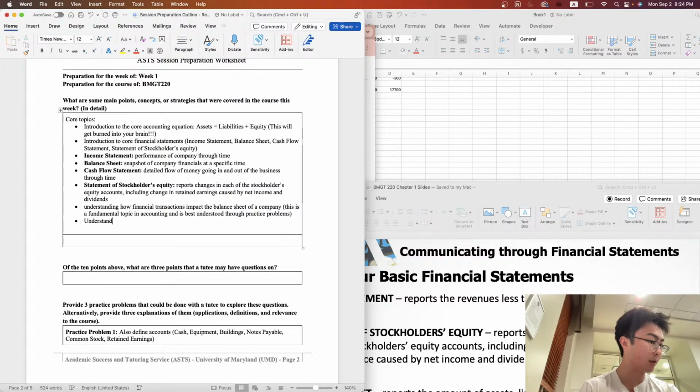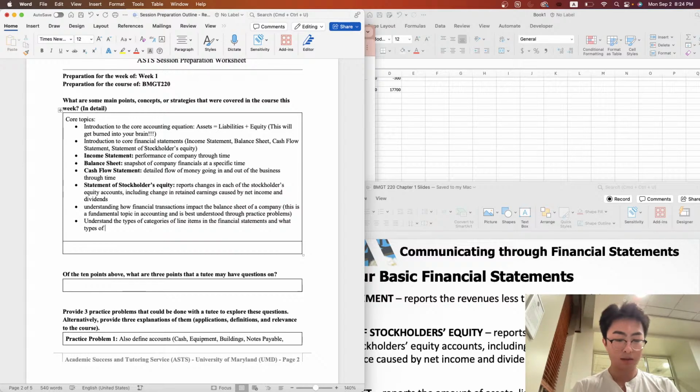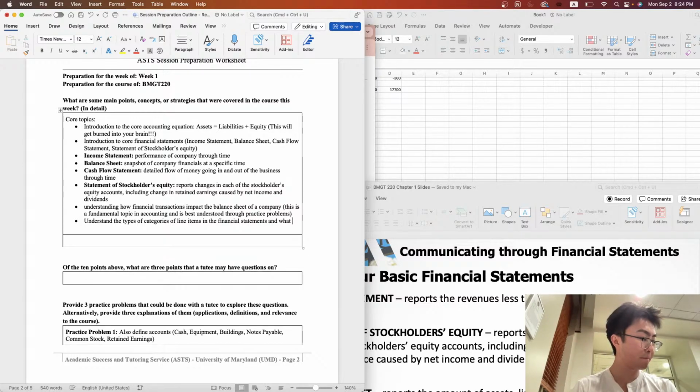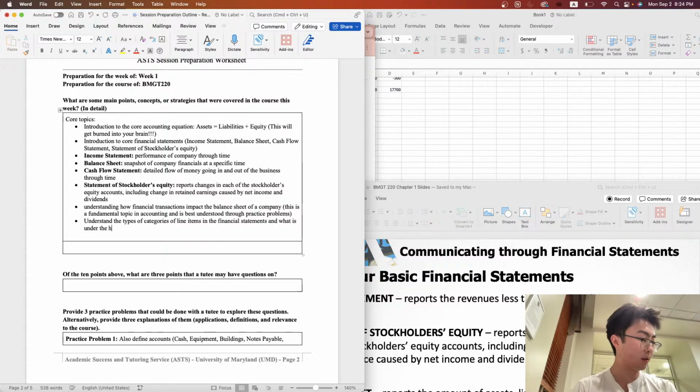So understand the types of transactions that affect categories of items in the financial statements and what's going on under the hood.